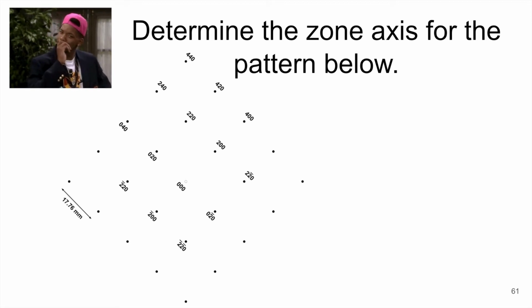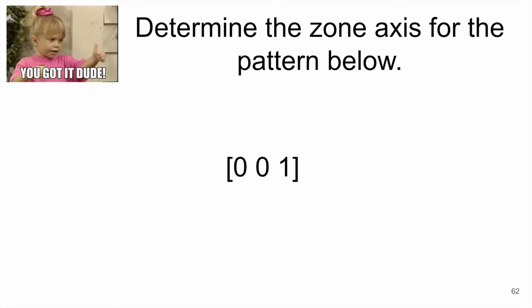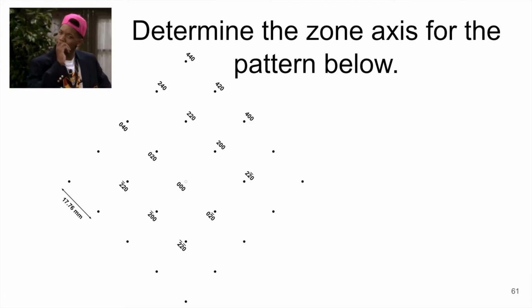All right, so let's look at how we get this part. I'm going to go ahead and say that the zone axis is the 0, 0, 1. So let's see if we can determine how that's the case. The first thing you'll notice is you're looking at all these points here. There's no z, right?